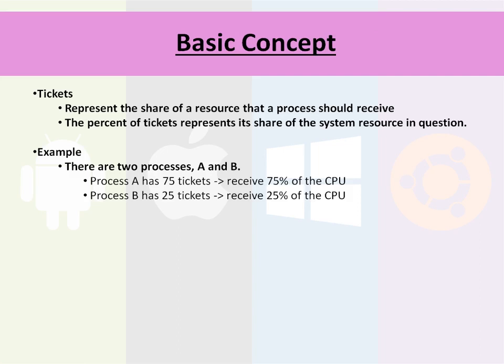In this example, we have two processes, A and B. Process A has 75 tickets, and process B has 25 tickets. Tickets represent the share of a resource a process should receive, so 75 tickets represents 75% of the CPU for process A, and 25 tickets represents 25% of the CPU for process B.